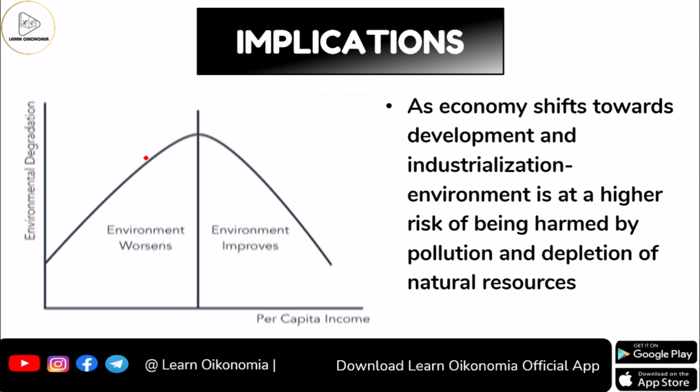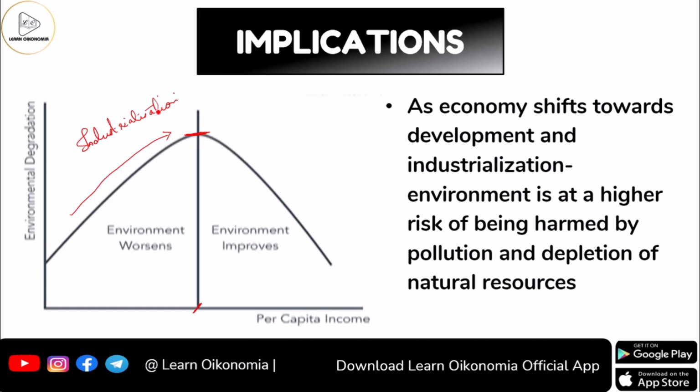Now, what happens after a point is that with some level of economic growth, you can have a maximum level of environmental degradation. So this curve, after passing like this, has reached a maximum point. All this happens as a result of industrialization. New industries would be coming, and some existing industries would get upgraded.